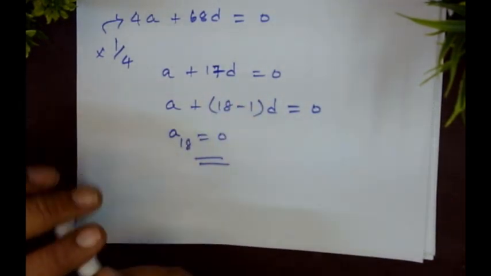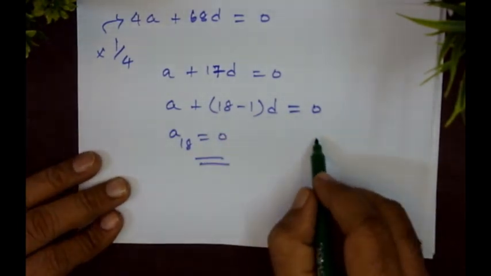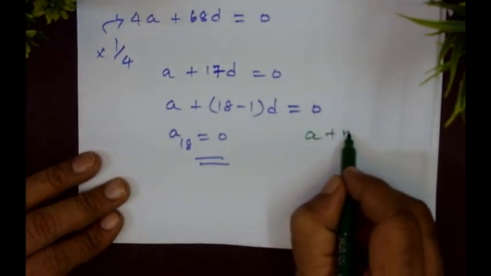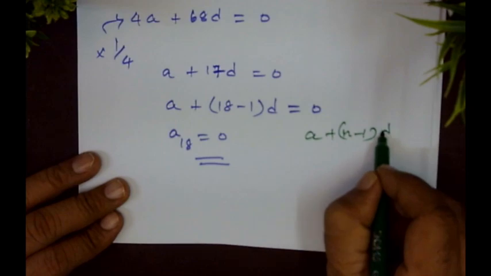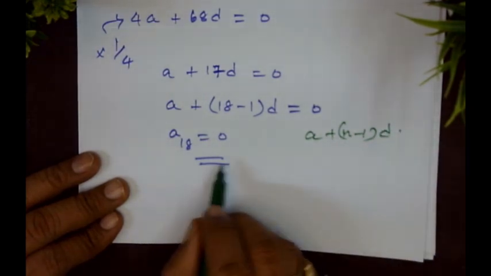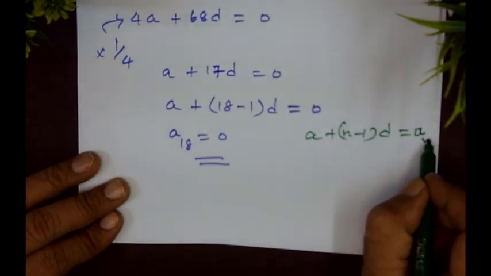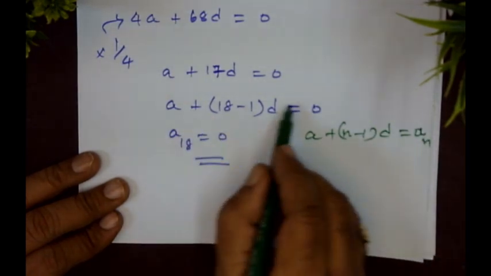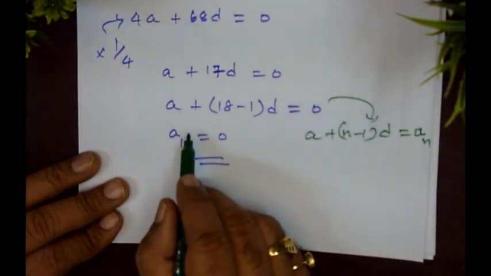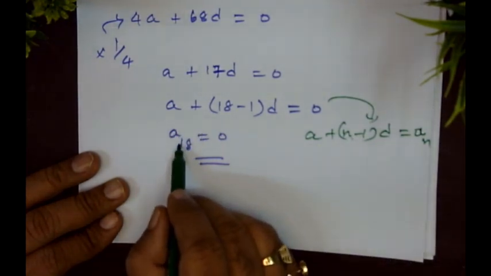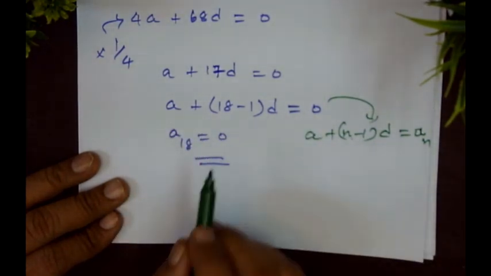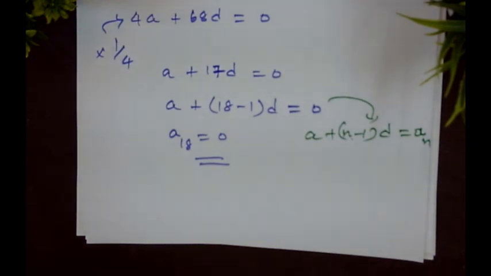So we can match with this formula, a plus n minus 1 into d, which is equal to an. So in this case, when you compare these two, you can find that n is 18. So a18 is equal to 0 here. Okay.